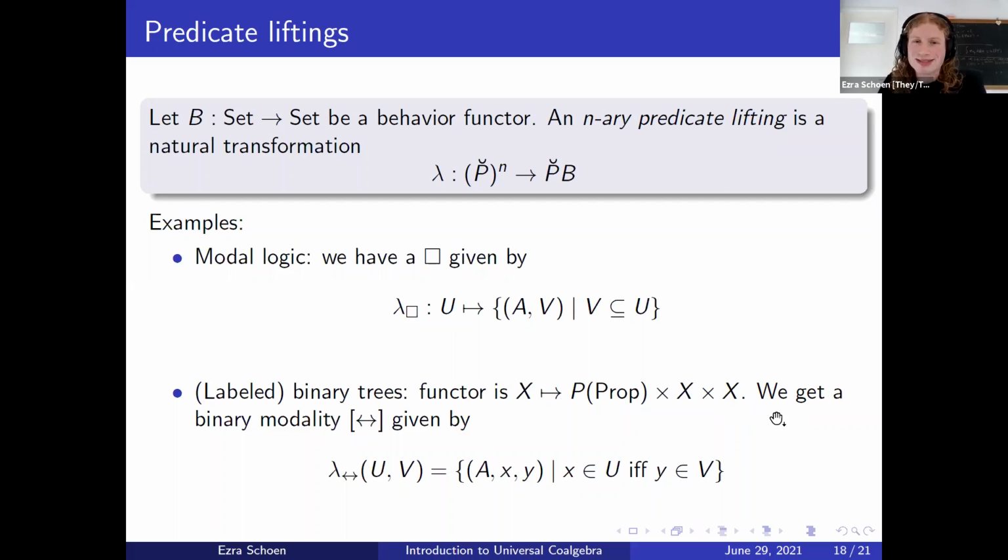Then there's a binary modality that lifts two properties U and V to those unfoldings where the left successor satisfies U if and only if the right successor satisfies V. I have to admit this is a bit of an artificial example, because you could express this modality using just unary liftings, one for the left successor and one for the right successor, and then using Boolean combinations. But still, I think it looks rather nice.